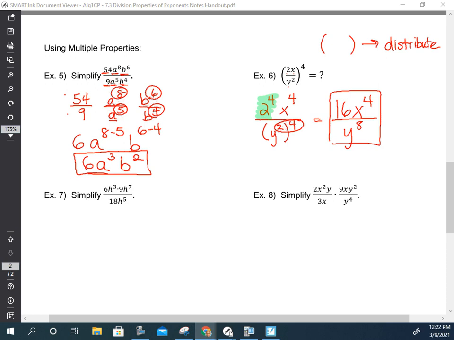We're going to simplify the top of the fraction first. So we have 6 times 9 and h to the third times h to the seventh. So what could I do with 6 times 9? What's 6 times 9 equal to? 54. So we're going to put 54 up in there.